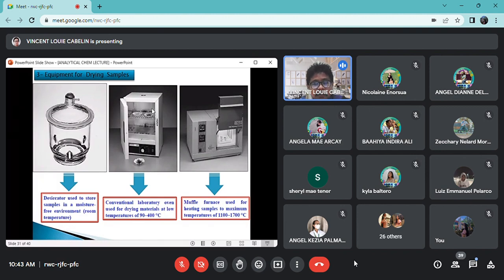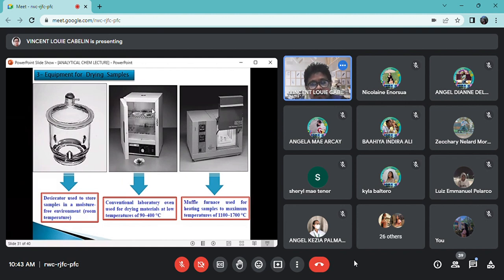And you can also use a furnace. Okay? A muffle furnace. I don't think we have a furnace here in the school, but a furnace is used for heating samples to a maximum temperature of 1100 or 1100 to 1700 degrees Celsius. You use that sometimes if you want to check the melting point of a solid, and it's very high, so you need a furnace.